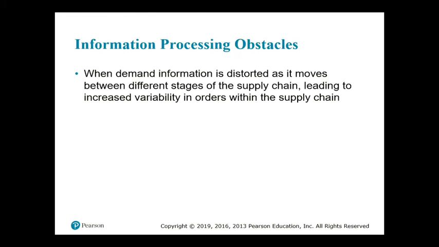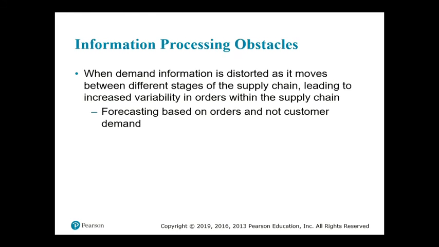And the result is the suppliers will order in higher variability than the retailer. So one reason for that to happen is because each party in the supply chain is making forecasts based on the actual orders placed, but not the final product demand.